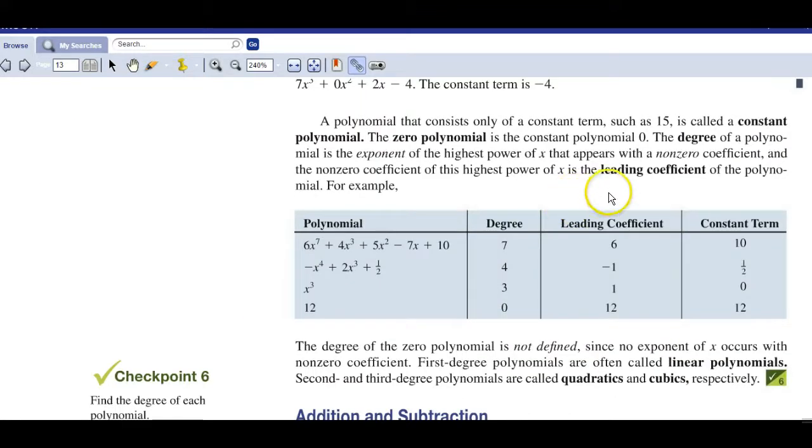Now another item of vocabulary that they'll be asking you to work with is, what is the degree of something, what is the leading coefficient, and what is the constant term.